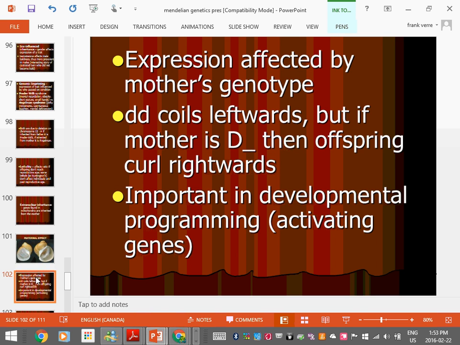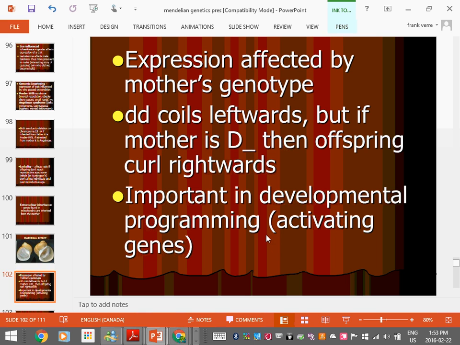basic Mendelian genetics would say that your shell would coil which way? To the right. However, in this case, it has nothing to do with your genotype. It has everything to do with your mother's genotype. So, let me show you an example.